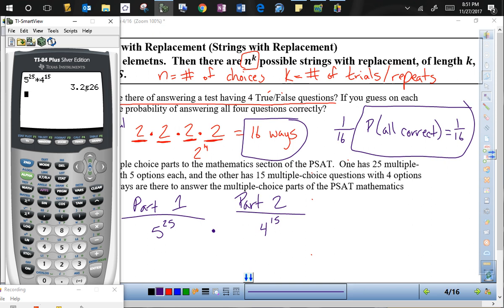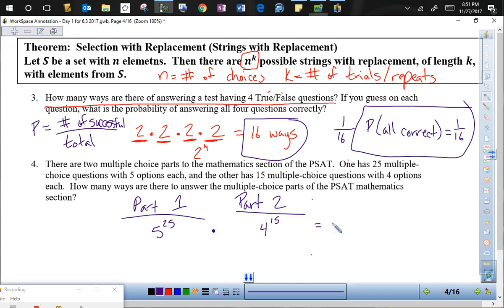Recall that E is just a fancy way for your calculator to use scientific notation. So we want to write it more properly as 3.2 times 10 to the 26, not E26. And again, we have to put a label on this. It says how many ways, so we'll say ways on the end. A really, really, really large number.